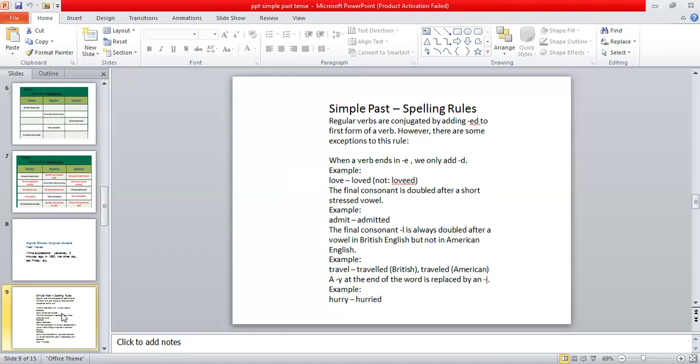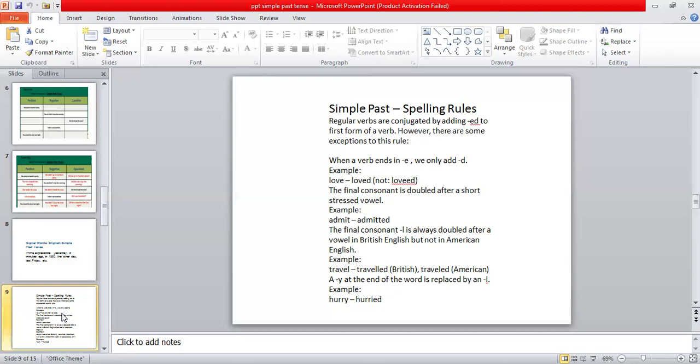If the final consonant is doubled after a short stressed vowel, as in admit, A-D-M-I-T, the I gives a short vowel sound here, so in that case T will be doubled. Similarly, if the final consonant is doubled after a vowel, like in travel, where E is a vowel, then right after the vowel the letter will be doubled, so it will be traveled.